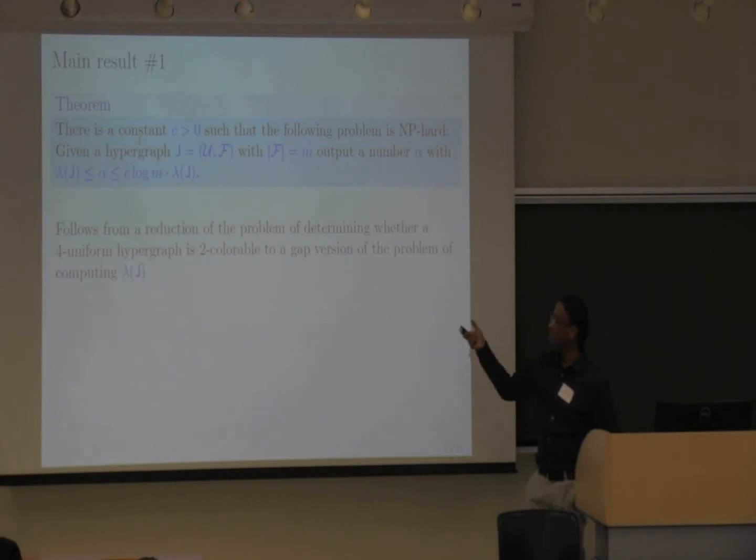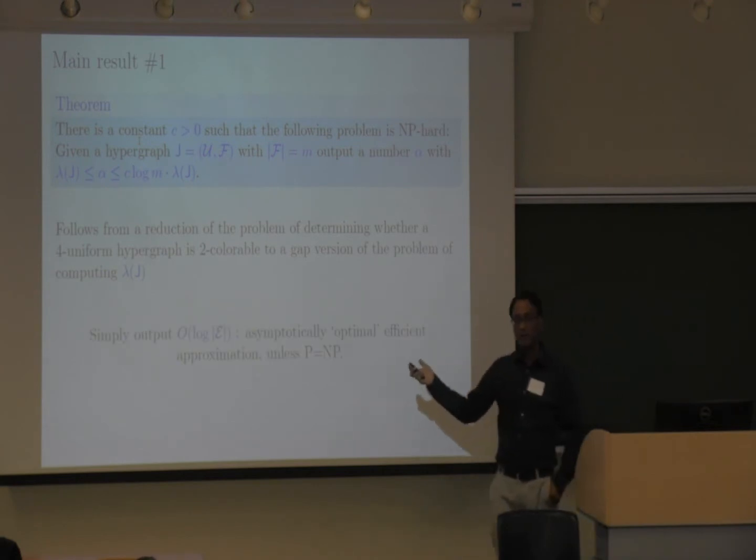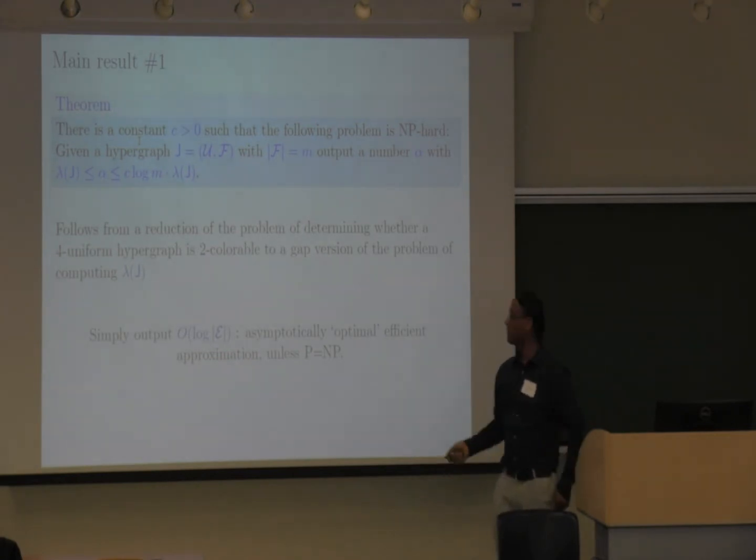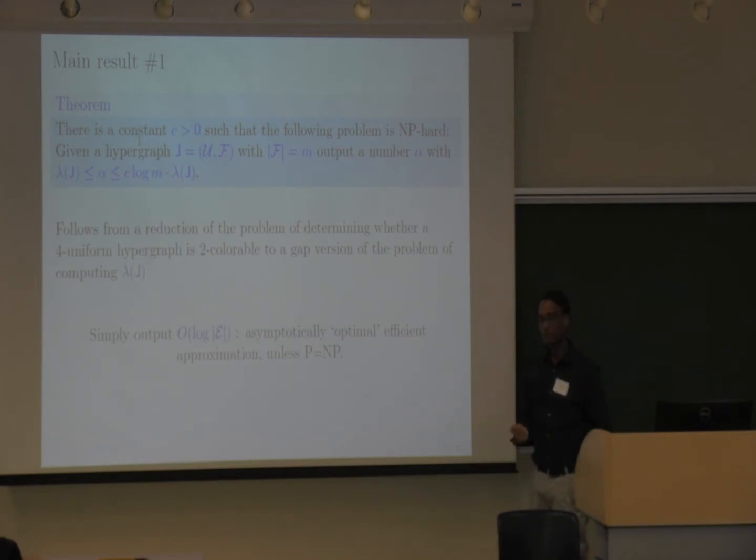The details are not that interesting, so let me leave this out of this talk. What that means is, if somebody asks you what's the value of lambda edge, you can simply output the logarithm of the number of edges, and this in some sense is an optimal efficient approximation unless P equals NP. So there's nothing better you can do other than a random coloring in the worst case.